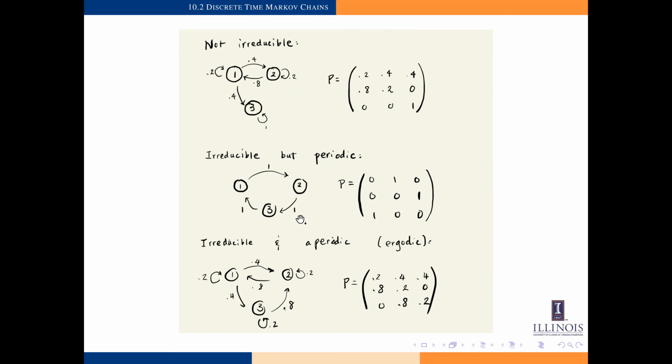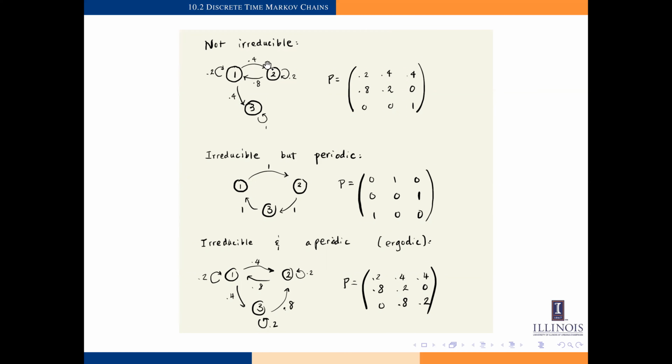So here are 3 examples summarized in 3 graphs and corresponding transition matrices. For each of the examples, there are 3 possible states. So the state space contains 1, 2, and 3. At each time point, x takes values in 1, 2, or 3.